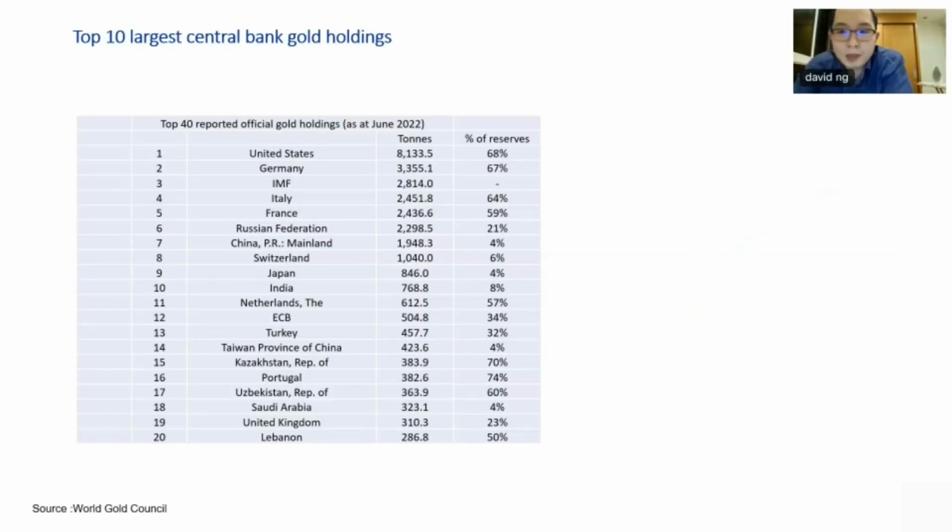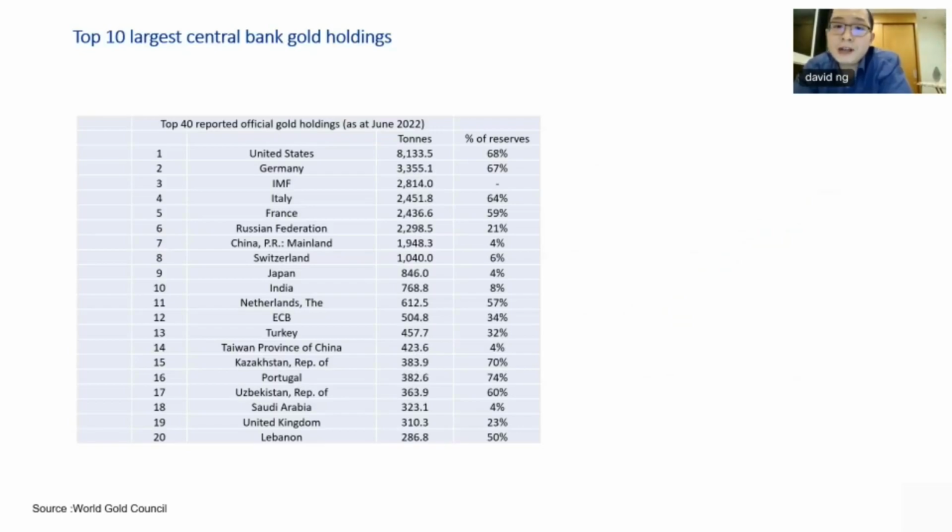Now, I think it's also worth mentioning that besides jewelry demand and investment demand as key demand factors, there's another critical demand factor, which is central bank buying and selling of gold. If you look at some of the major advanced countries, their percentage of gold reserves is quite substantial.